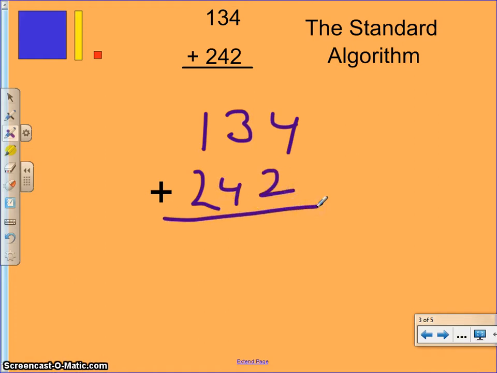Now I just add the digits in each place value together. For instance, I start with my ones and I say 4 ones and 2 ones gives me 6 ones, 3 tens and 4 tens gives me 7 tens, and then 100 and 200 gives me 300. 134 plus 242 is 376. That's the standard algorithm.